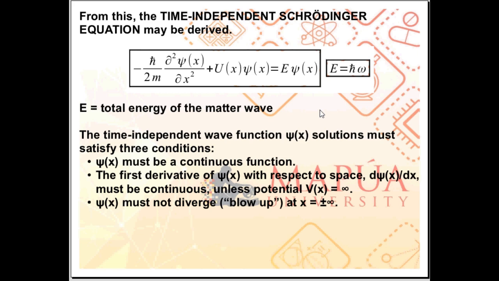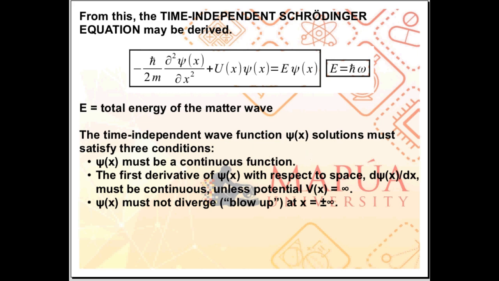The solutions to the time-independent wave function small psi must satisfy three conditions. The function small psi must be a continuous function, particularly throughout the region that we are analyzing.